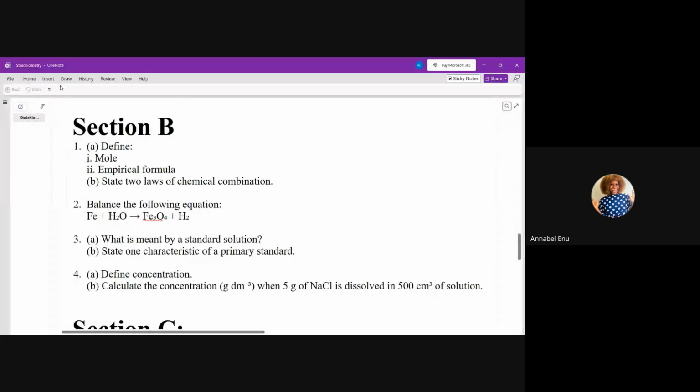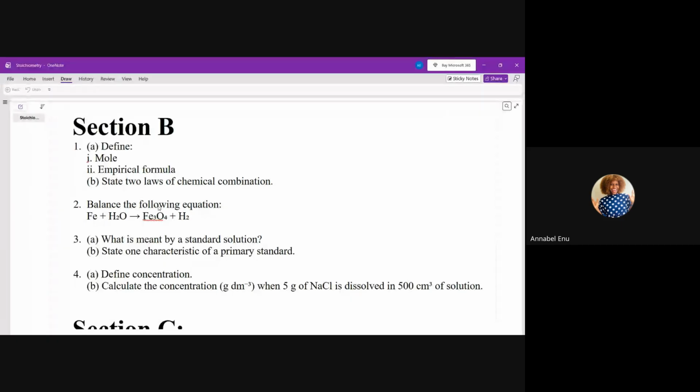We can better put it as the simplest whole number ratio of atoms of each element that are present in a particular compound. The simplest ratio.